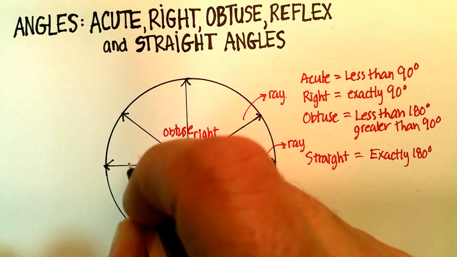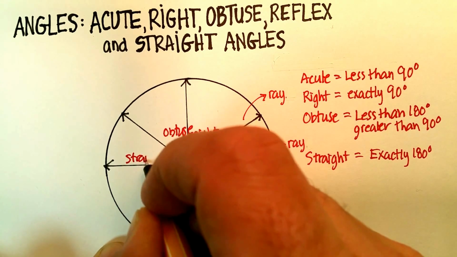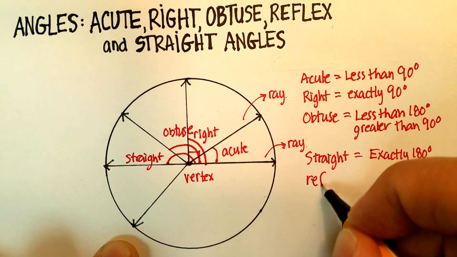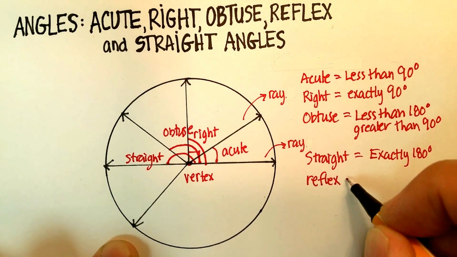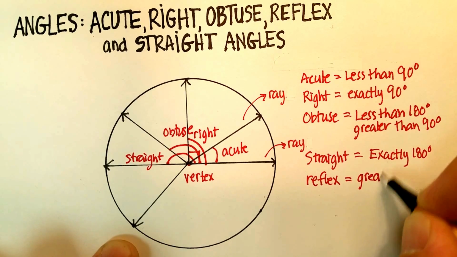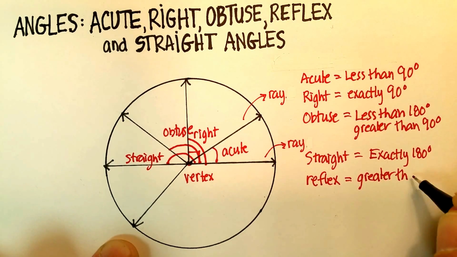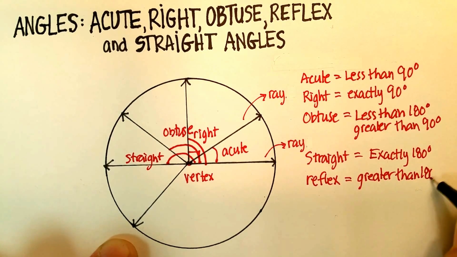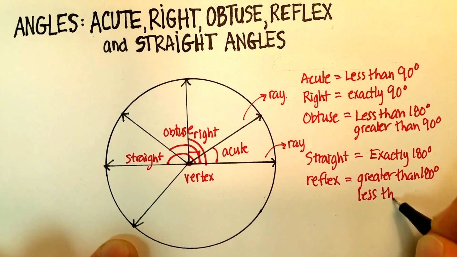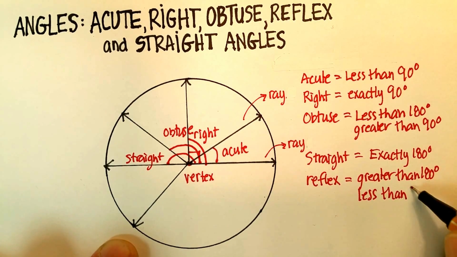Okay, so it includes that whole thing. We'll call that straight angle. And then a reflex angle is greater than 180 degrees and less than 360, which would be the whole circle.